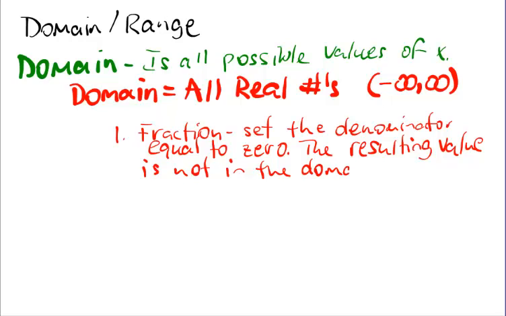Alright, the second instance where you could have a domain issue: you're going to have a domain of all real numbers unless you have a fraction or an even root. An even root, like a square root or a fourth root. You cannot have what kind of number in a square root or an even root? No negative numbers.